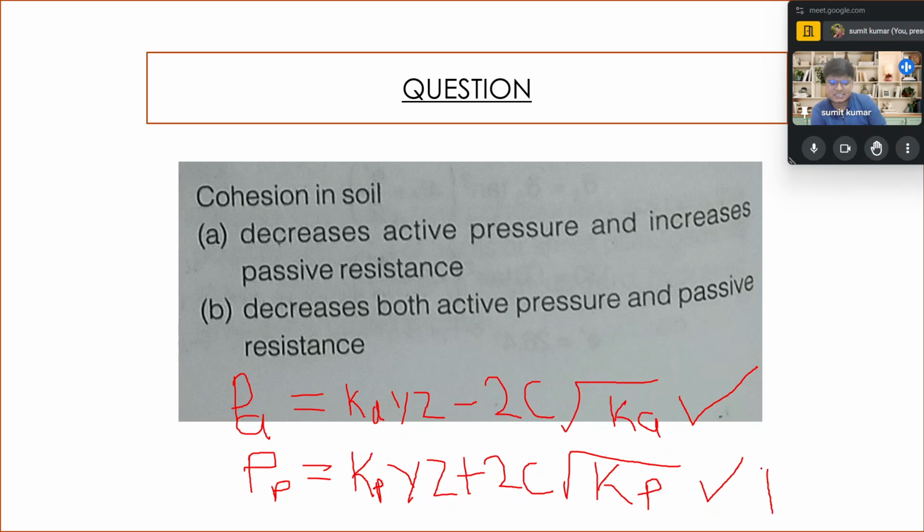So our answer is that the cohesion in soil decreases the active pressure and increases the passive resistance. When you write the relation, without any doubt you can answer the question for the given problem.